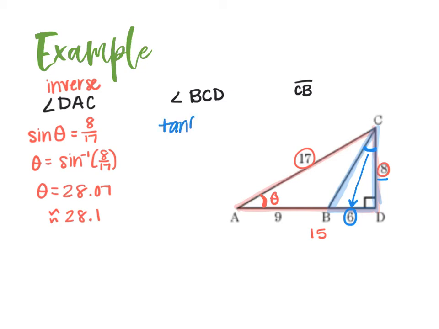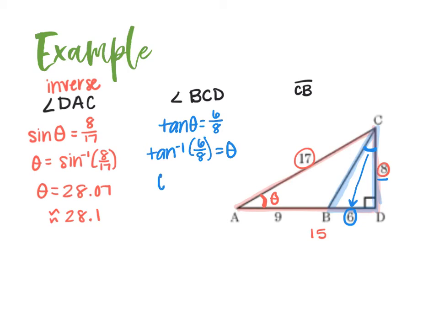So the tangent of theta equals the opposite over the adjacent. So then the inverse of that opposite over adjacent will give me theta. So second tangent of 6 over 8.